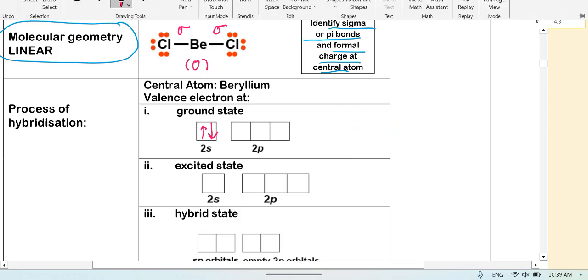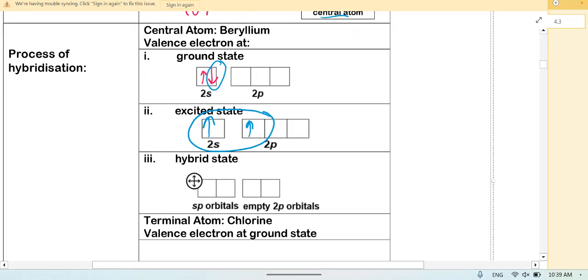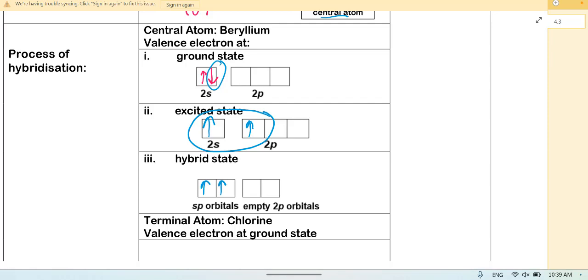So how do we produce a hybrid orbital? One of the valence electrons will be promoted, excited to 2p. One s orbital mixes with one of the p orbitals, so you get a new hybrid orbital known as the sp hybrid orbital, like this.